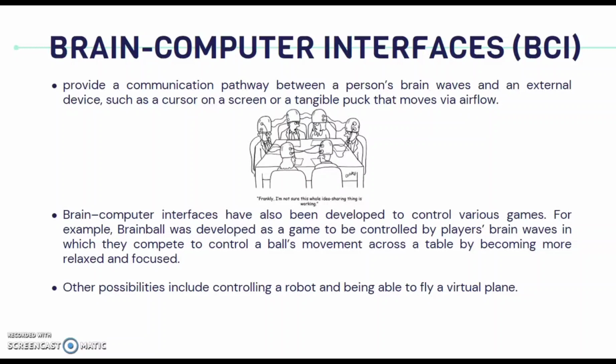For example, Brain Ball was developed as a game to be controlled by players who compete to control the movement of a ball across the table by becoming more relaxed and focused. One example is a lie detector, which can track what is truth, but not with 100% success. Other possibilities include controlling a robot, being able to fly, and virtual pain.